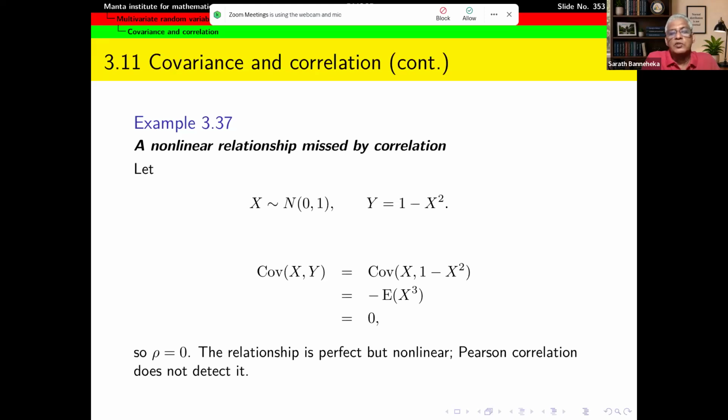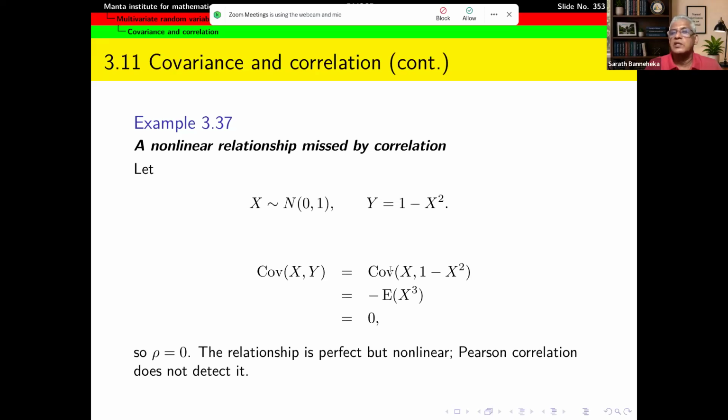Covariance is equal to covariance between x and 1 minus x square. So that is equal to covariance between x and 1 minus covariance between x and x square. But so that is equal to negative expected value of x to the power 3, right?